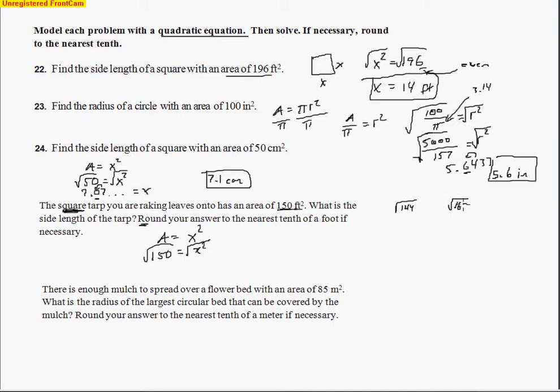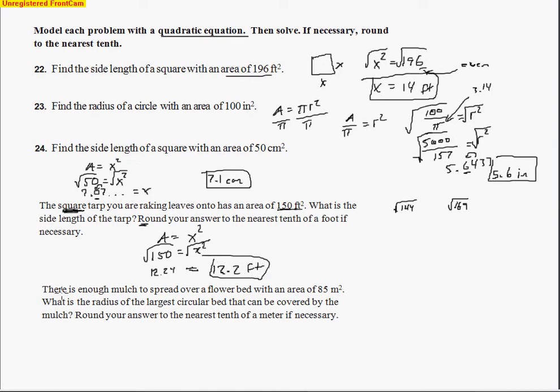The square of 13 is 169. It's between the two numbers, so I know it's going to end up being between those two values, and let's see, our answer is 12.24. So the 4 is not big enough to round that up, so we're going to say it's about 12.2, and let's see, our units are feet.